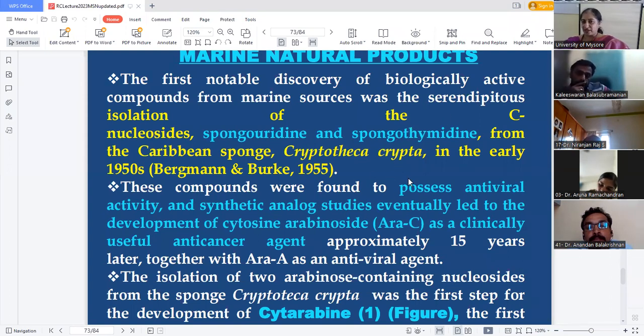Okay, so till then, it was not known that nucleosides with sugar residues were found to be bioactive. So that paved the way for isolating newer compounds from marine environment, including the sponges.